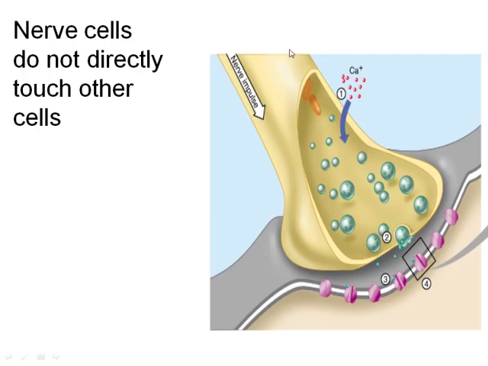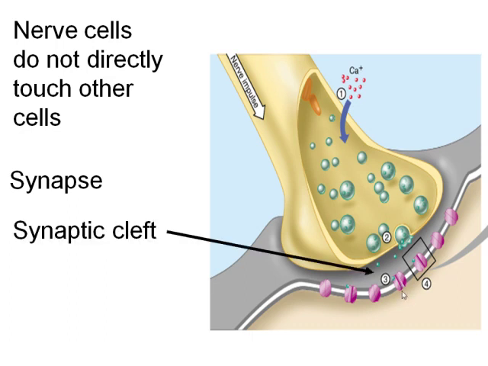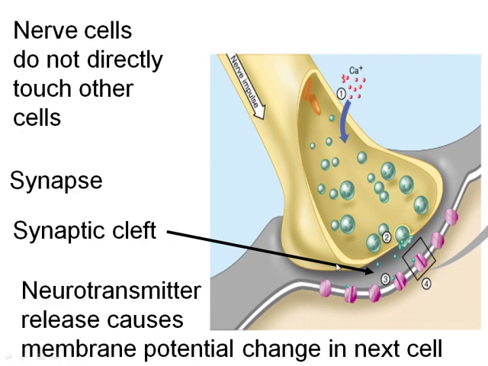Now, the action potential will go on until we run out of neuron. And nerve cells terminate in those axon terminals. Nerve cells do not directly attach to the cell with which they're going to communicate, whether it's another nerve cell or a muscle cell or a gland cell. There's a little space between the nerve cell and the next cell, and that's called the synapse. The little space is the synaptic cleft.